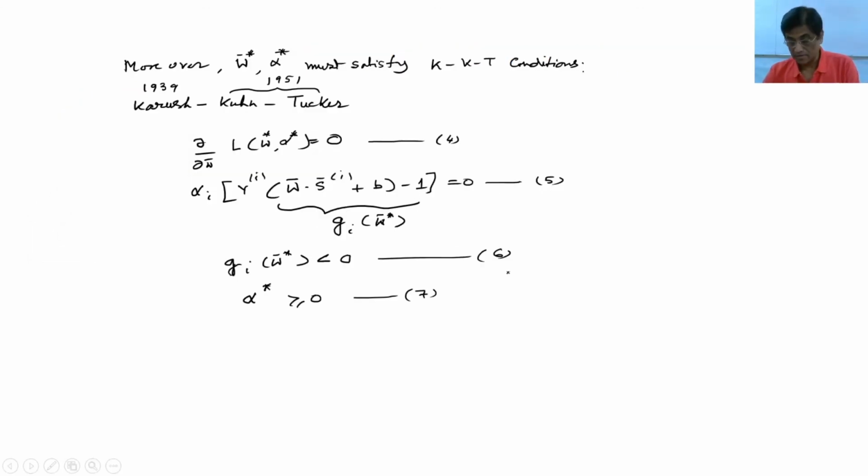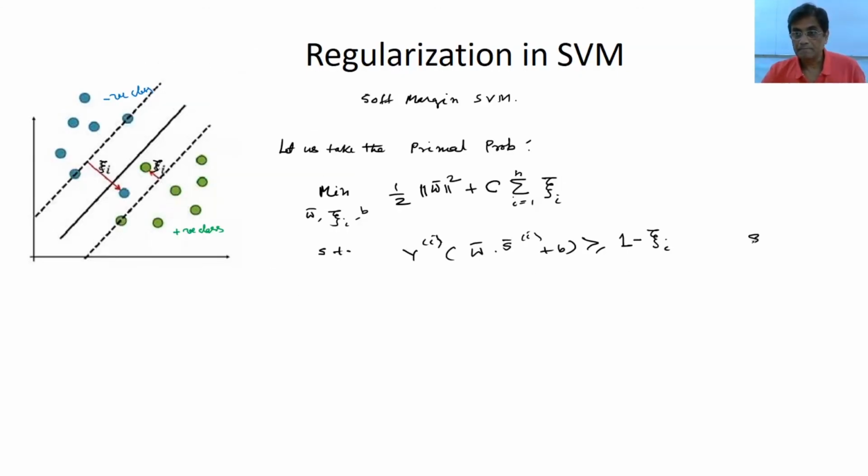The equation number would be 8, where zeta i is greater than or equal to 0, i equals 1, 2, 3 up to n outliers. So in the problem itself, with the constraint, we have put this zeta i so that we can solve it in the primal problem as well as in the dual problem. That we are going to do in the next class.